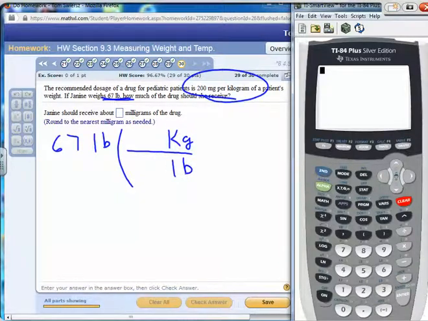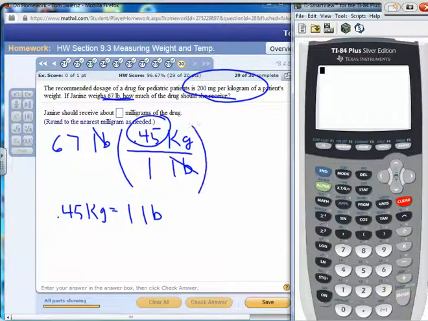And notice if you look at view an example or previous problems, 0.45 kilograms is equal to 1 pound. So 0.45 for 1 pound. Okay, the pounds cancel and we get the number of kilograms. The 0.45 is in the numerator, so that means we're going to multiply.